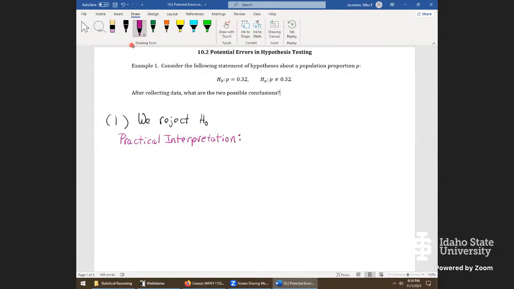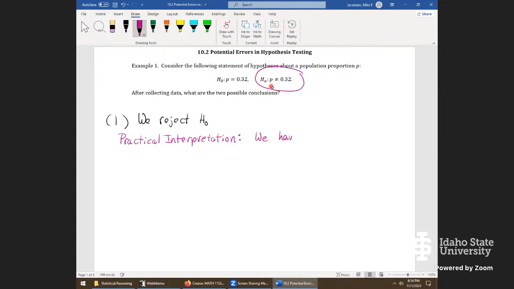So now we're thinking of the conclusions. And when we reject that null hypothesis, H naught, here's where we're focusing on. I'll temporarily circle this. Our practical interpretation will be right there. We'll have to know what P is in the context, and we'll write out what it is. The interpretation is pretty much going to go like this.